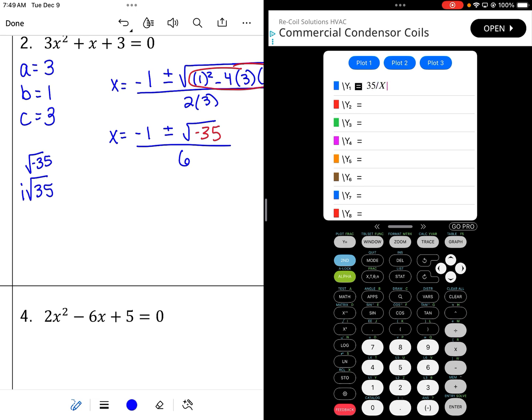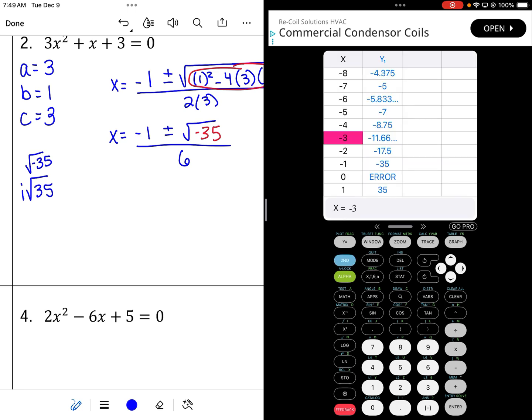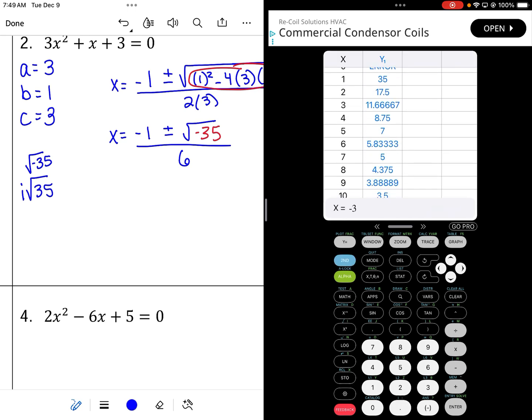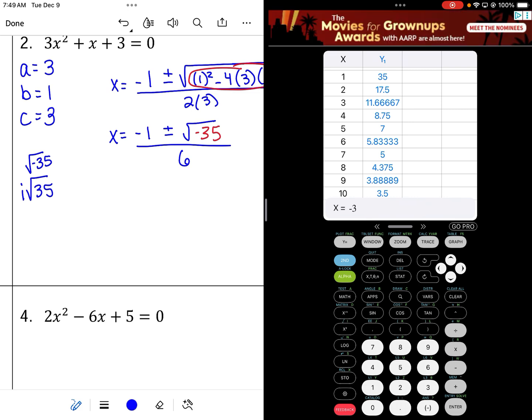Let's do 35 divided by x. Look at our factors. Start with 1. And when it starts repeating, you know you've looked at all the factors. So we have 1 and 35, 5 and 7, 7 and 5. We don't look at any decimals. Are any of those perfect squares? No. So we can't do anything more with that.